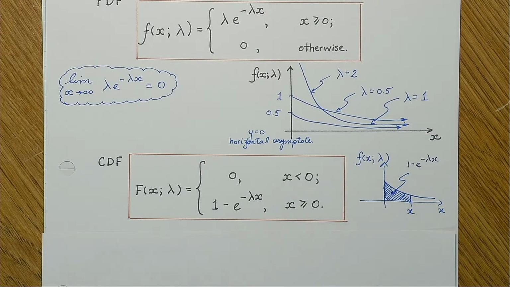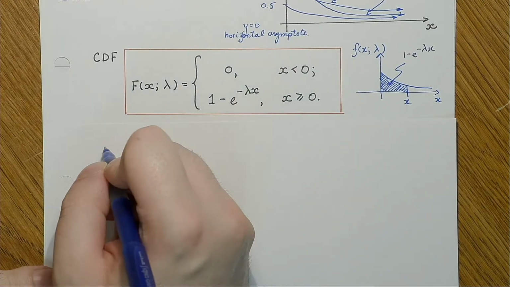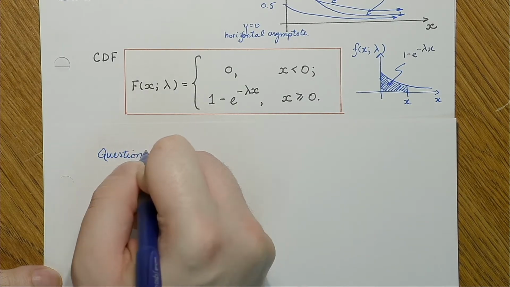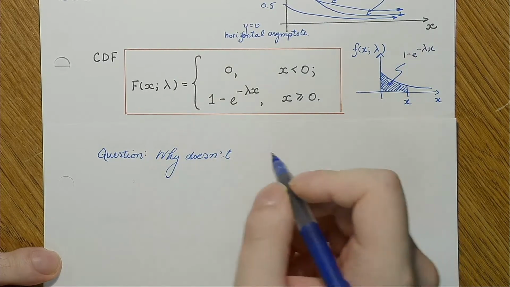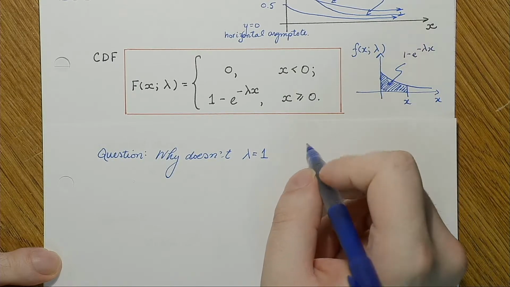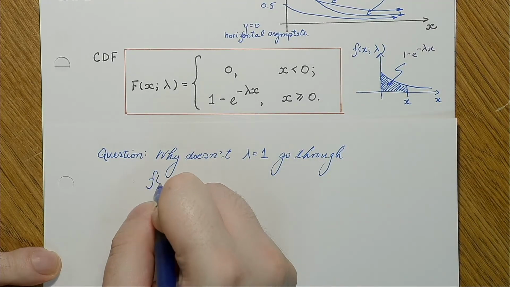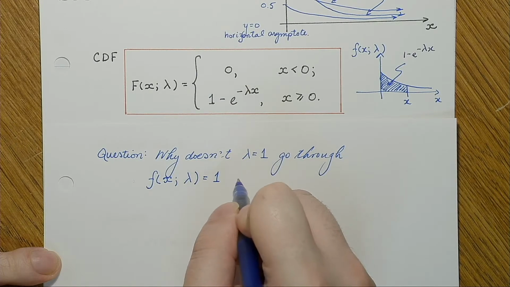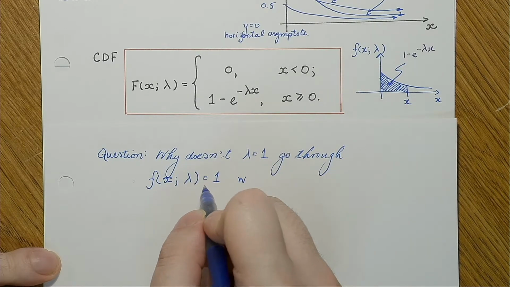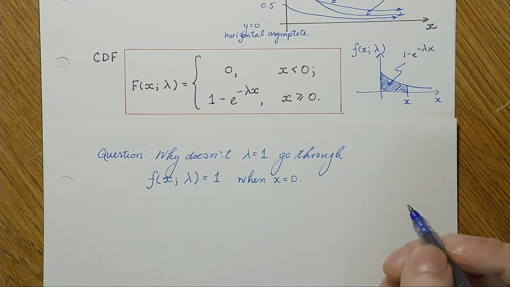Okay, so there's a question that was asked. The question was, why doesn't lambda equal 1 go through... Well, let's substitute this in.